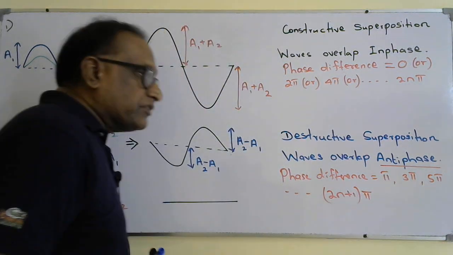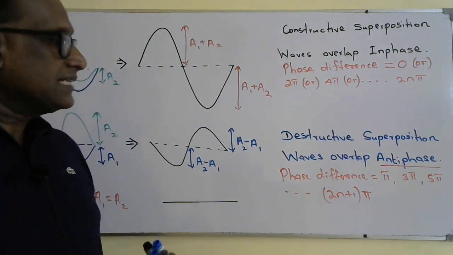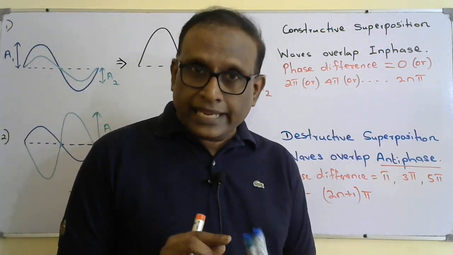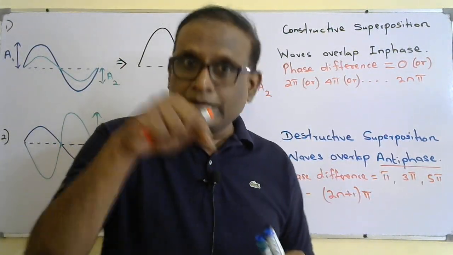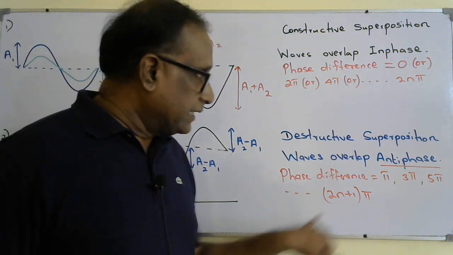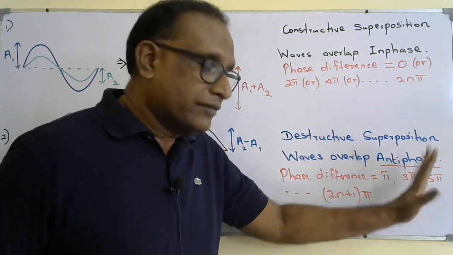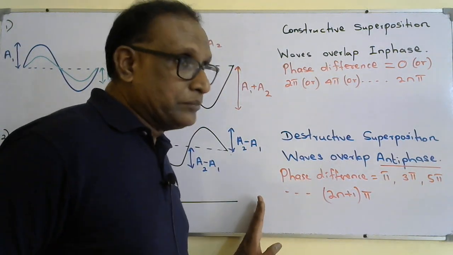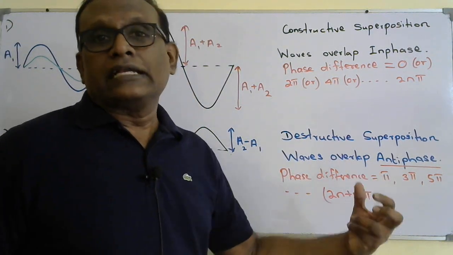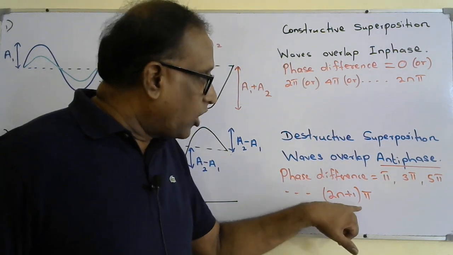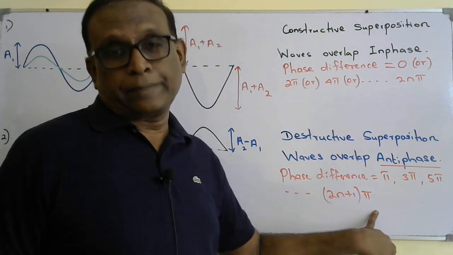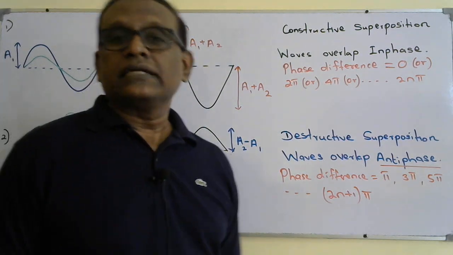So if the two waves are overlapping antiphase, then the phase difference between the two waves at that particular point must be either pi or 3 pi or 5 pi or 7 pi. That means an odd multiple of pi, the general format being (2n plus 1) pi. Okay, that's the required condition.